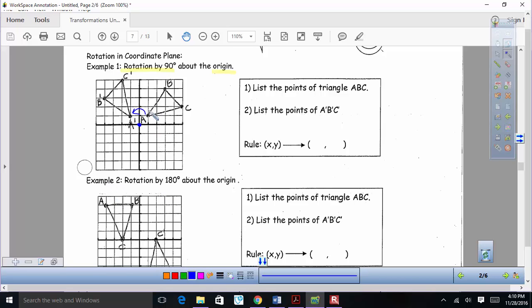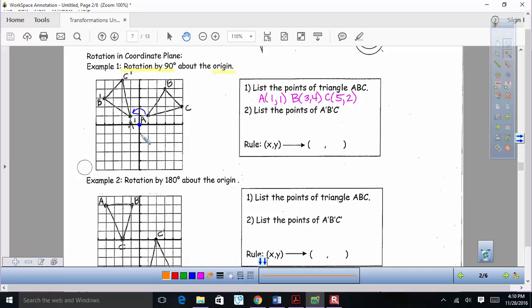So we're going to figure out the points for A, B, and C. A is (1, 1). B is (3, 4). And C is (5, 2).